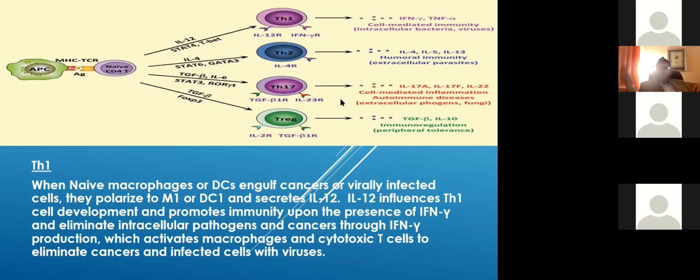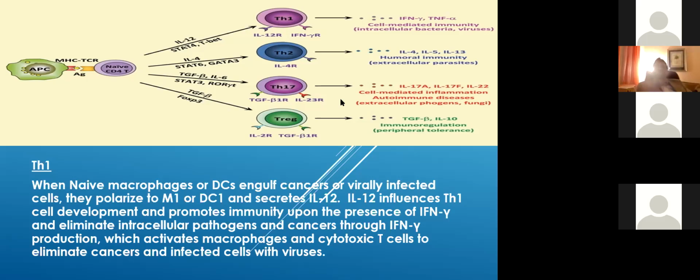And the Th1 lymphocytes secrete interferon gamma, which gives positive feedback, stimulating more polarization of macrophages to become M1. So you have that positive feedback between Th1 and M1, and they are activating each other.